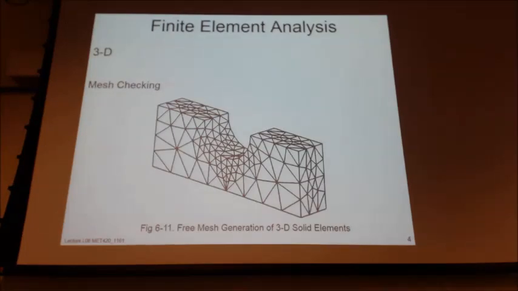Also, in the software, there'll be a mesh checking button. When you hit analyze, it does the mesh check first, but for complicated parts, it's probably not a bad plan to do the mesh checking ahead of time. So if there are some issues, it can highlight that.